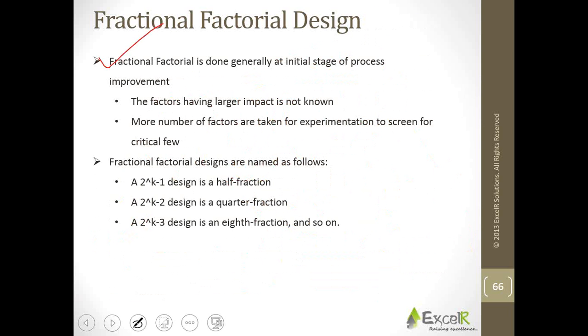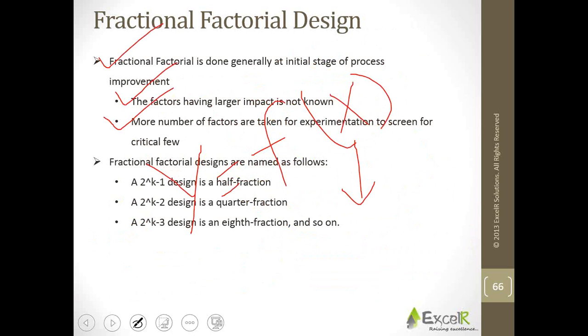Then fractional factorial is done generally at initial stages of process improvement. The factors having larger impact is not known to us. More number of factors are taken for experimentation to screen for critical few. Suppose you have y is equal to f of x, and in this x you have various inputs.